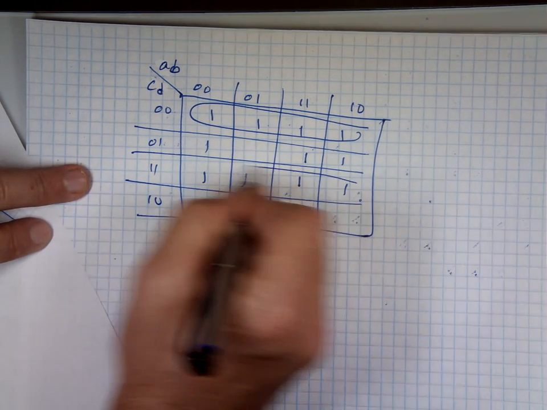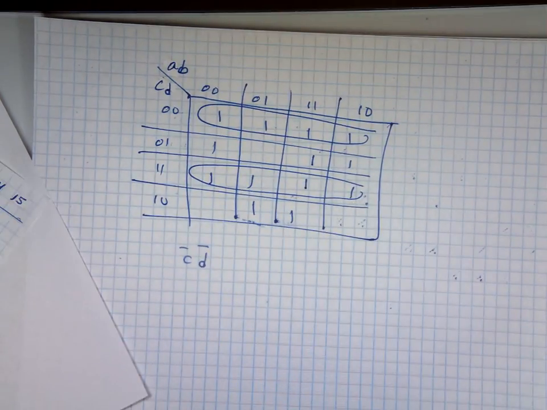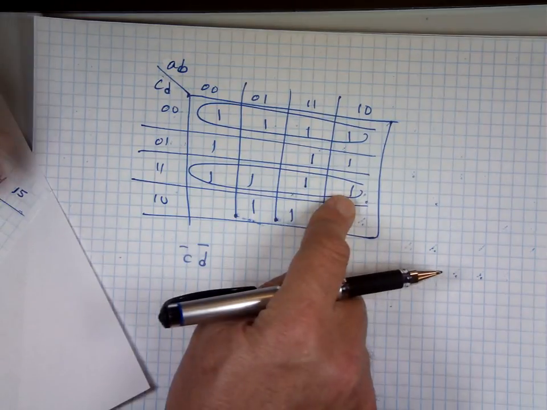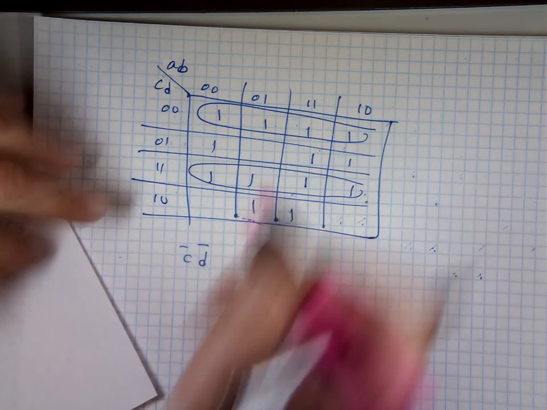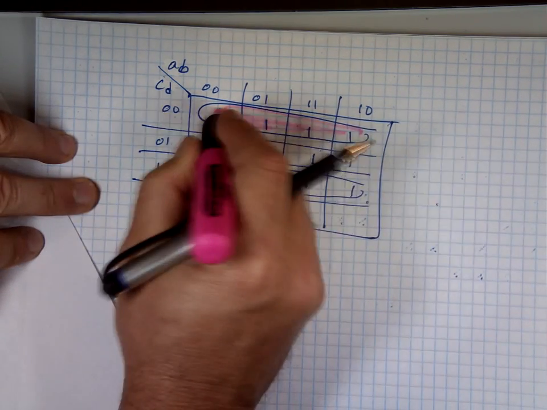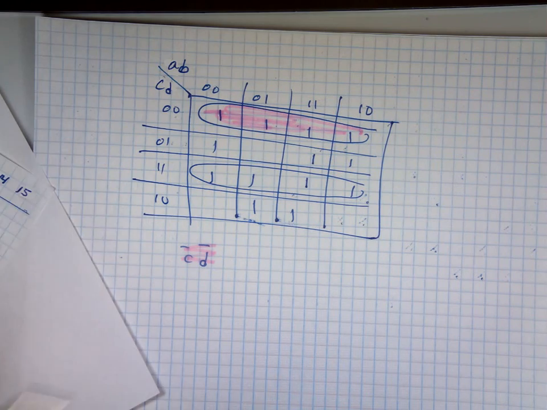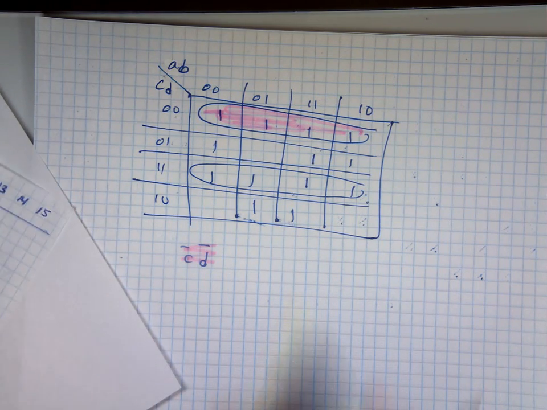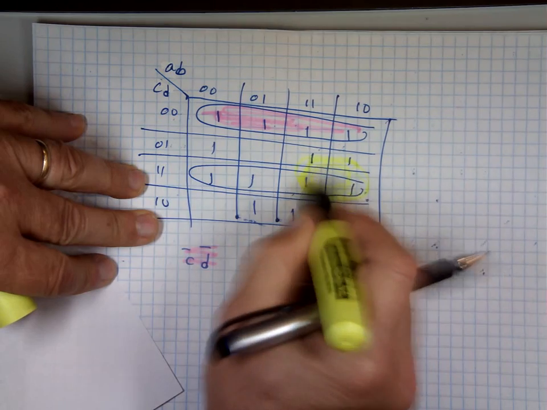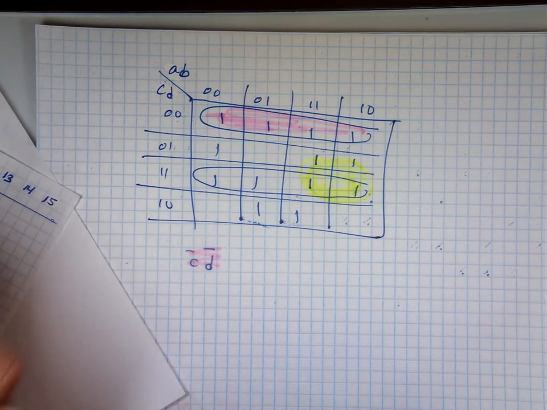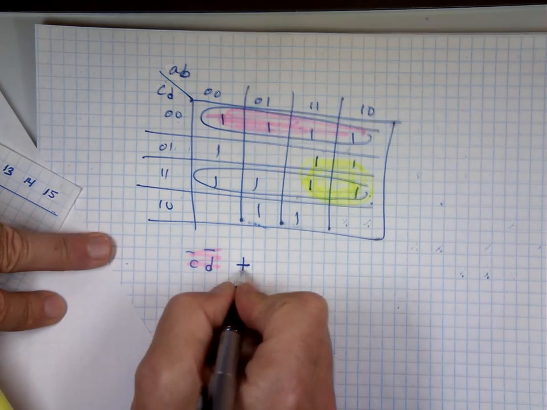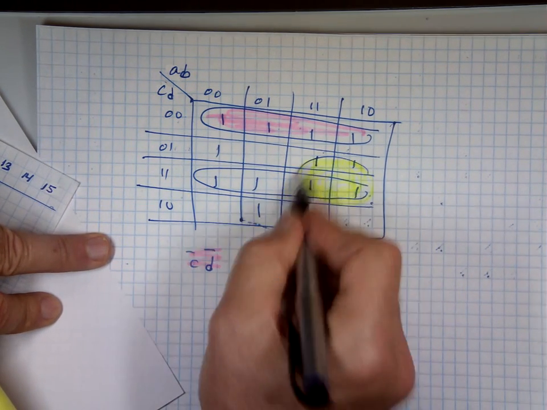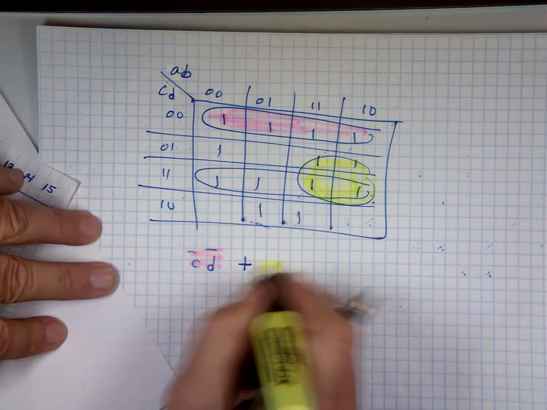Would that be the best move here? Nope. I won't take that one. That'll be one group, that's fine. I can take this as another group. Plus what? What's this group, the yellow one? That would be A, D.